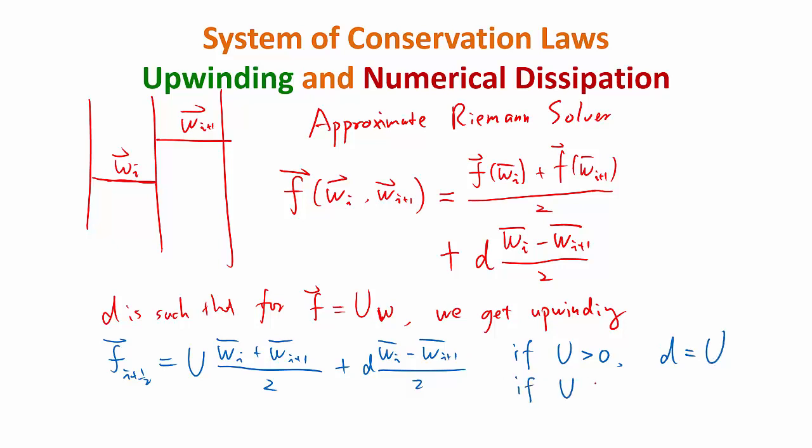And if U is less than 0, should I take Wi or Wi plus 1? Wi plus 1, and what value of D do I need? Minus U. So in either case, D is equal to the absolute value of U, or the magnitude of the speed of the wind, right? If I add enough numerical dissipation, where the dissipation is equal to the maximum wind speed, then I get upwinding behavior.